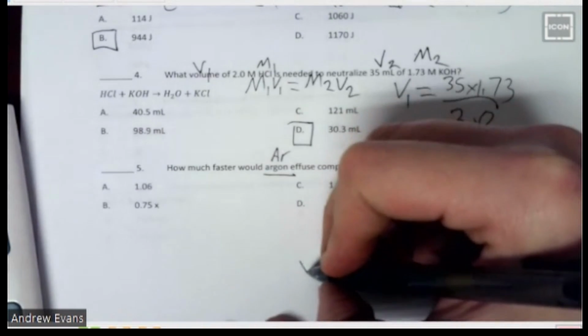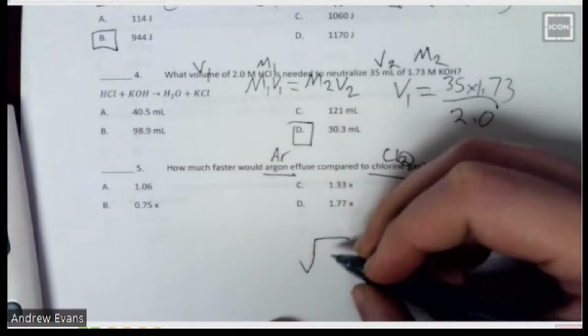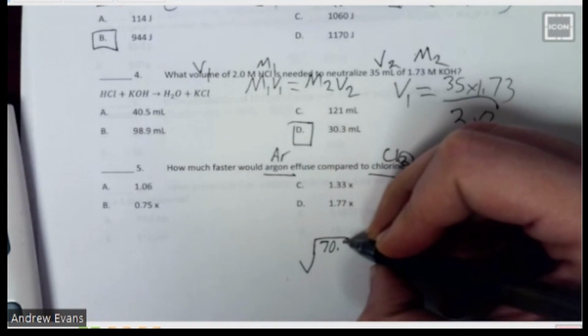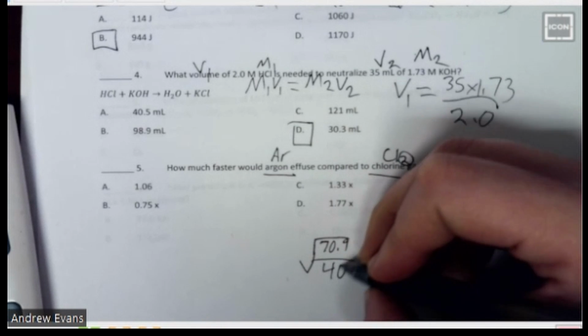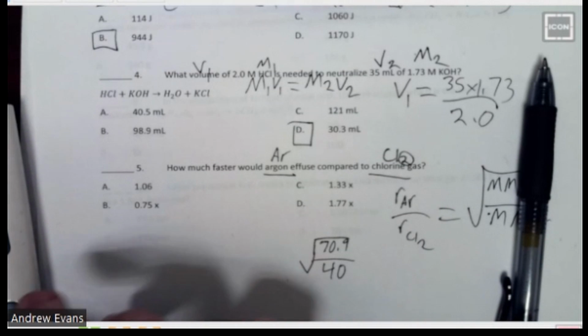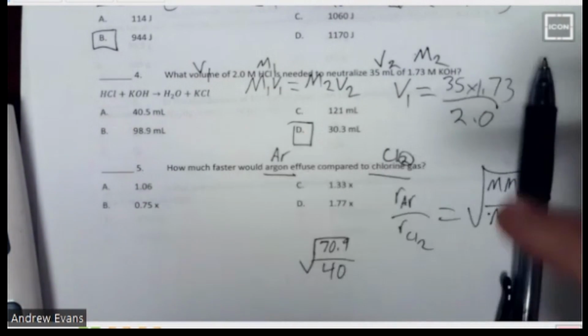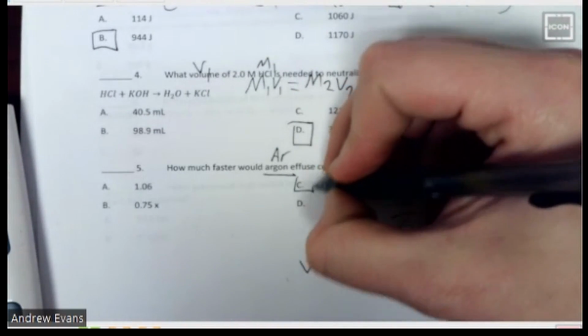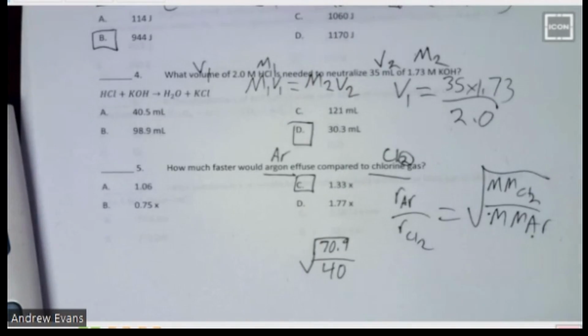So the square root, chlorine, 35.5, goes to 70.9. Argon is about 40. So square root of 70.9 divided by 40, 1.33135, about 1.33. So answer C.